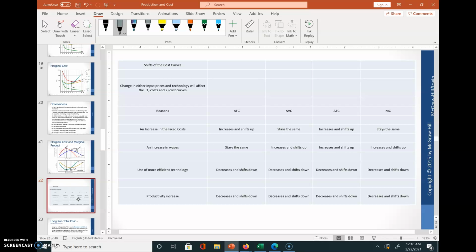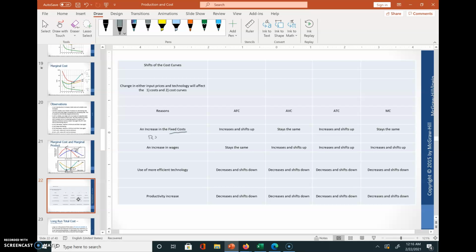there can be changes in input prices and technology which will affect the costs and the cost curves. So by input prices, we might look at fixed inputs or we might look at variable inputs. So now, an increase in fixed cost.